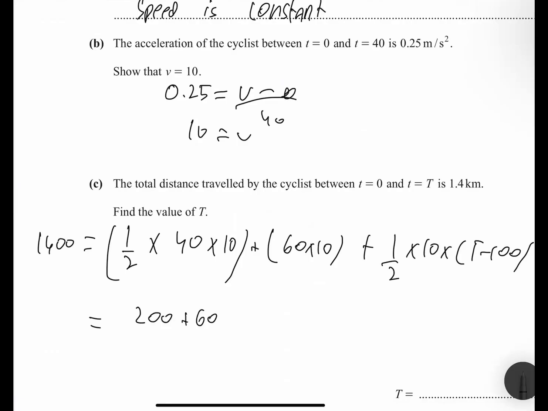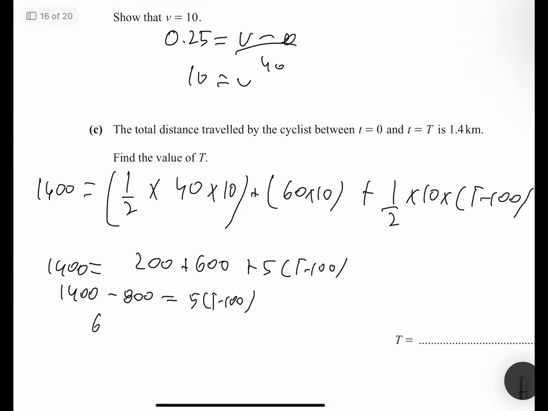So 200 plus 600 plus 5 into t minus 100 is equal to 1400. So we add 600 and 200 and take it to the other side, which will be 1400 minus 800 is 600 equals 5 into t minus 100.